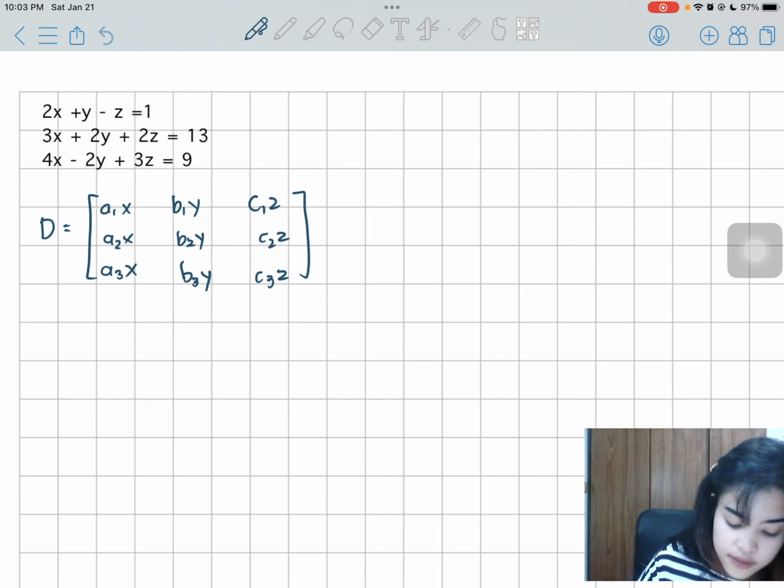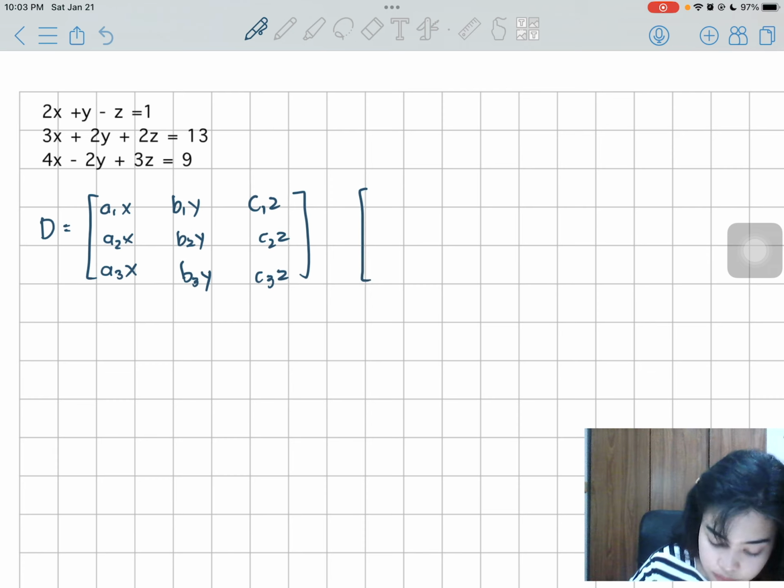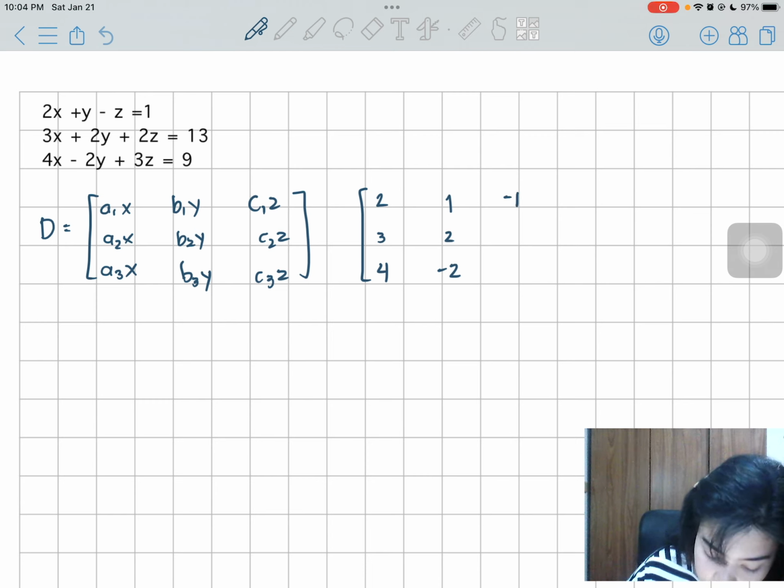So A is for the coefficients of x, B is for y coefficients, and C is for z coefficients. So let's first substitute the numbers. We have 2, 3, 4, 1, 2, negative 2, negative 1, 2, and 3.